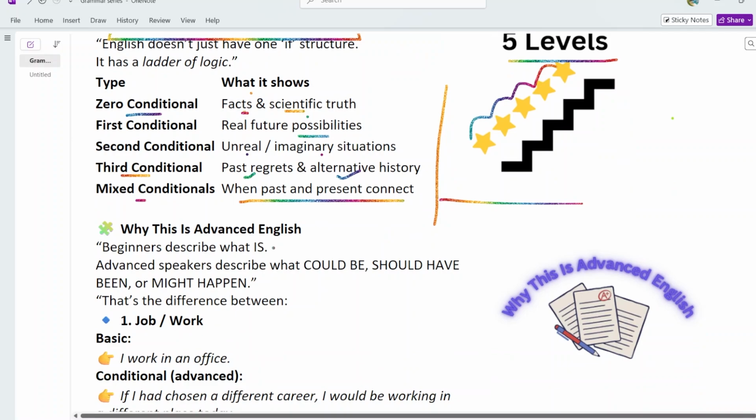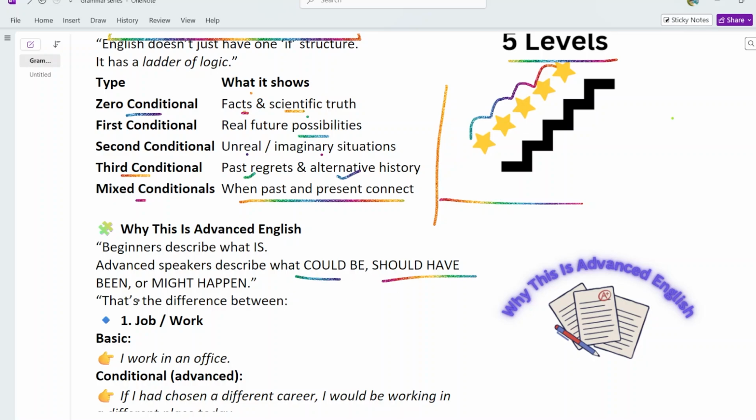Let's go ahead and look at why this is advanced in nature. Many of the learners who are at a beginner level, at A1 or A2 level, talk about the what if situation. However, they do not follow a certain structure. Now, the same thing, if it has to be put across by a person who is at a B1, B2, C1, or C2 level, they would be able to describe it in terms of what could be, what should have been, or what might happen.